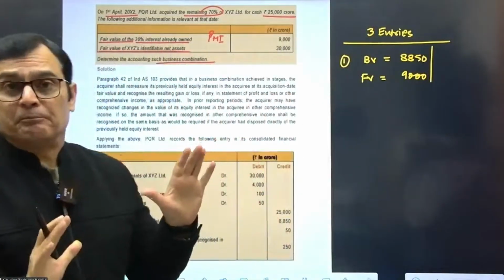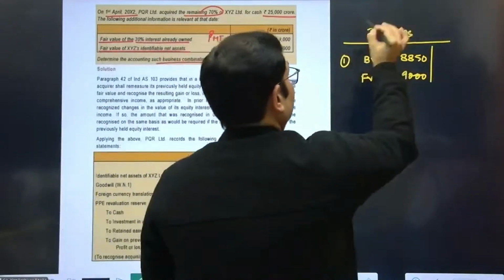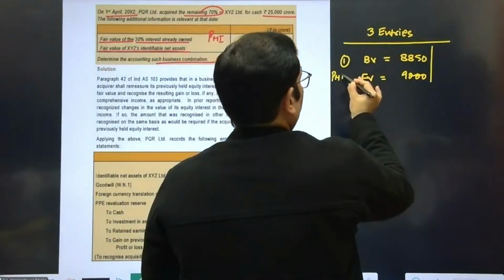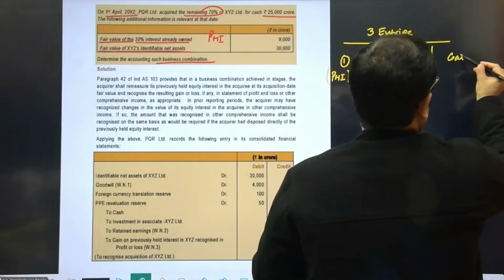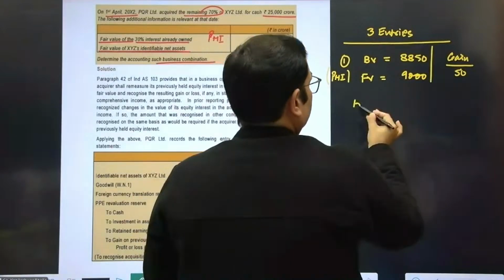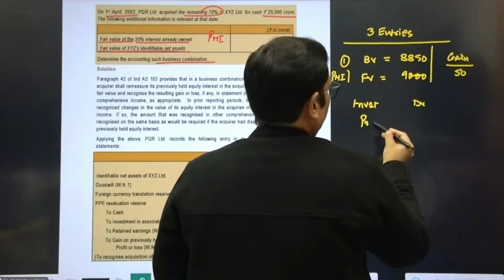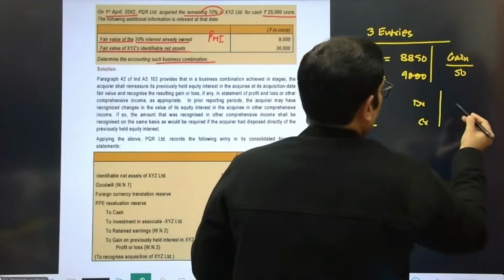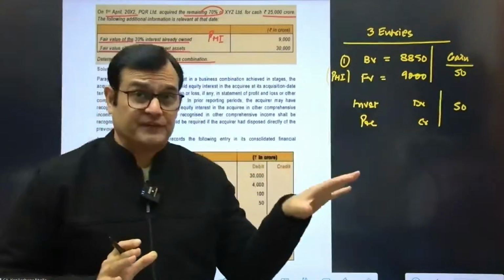So first you just compare the book value and the fair value of PHI. So take care of the PHI to begin with. So in this particular case, there is a gain to the extent of 50. So put an entry, revalue the investment: investment gets a debit and the P&L gets a credit, to the extent of 50. Go step by step, don't hurry on these things.